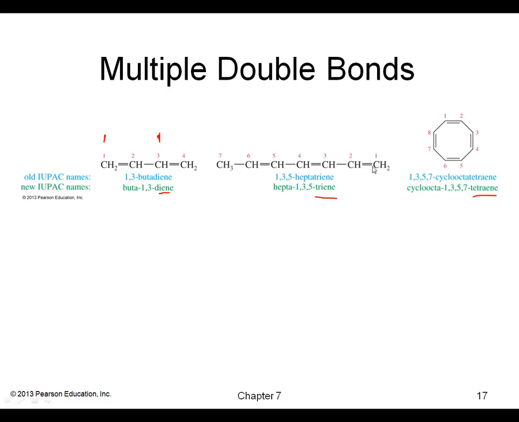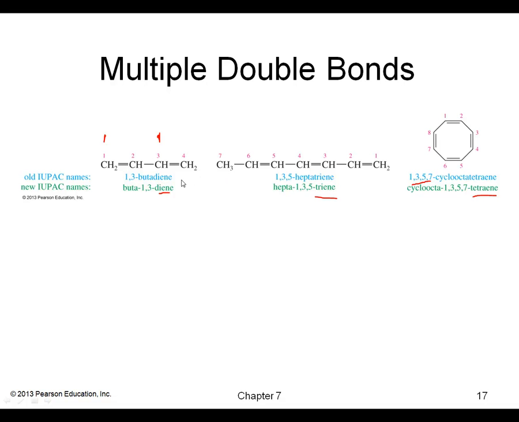Here, my first double bond is on this side, so it makes sense to number this 1. So I'd have a 1, a 3, and a 5 heptatriene. And then this cyclic one here. Note when I have a ring, I have to use numbers to tell you where those double bonds are in the ring.